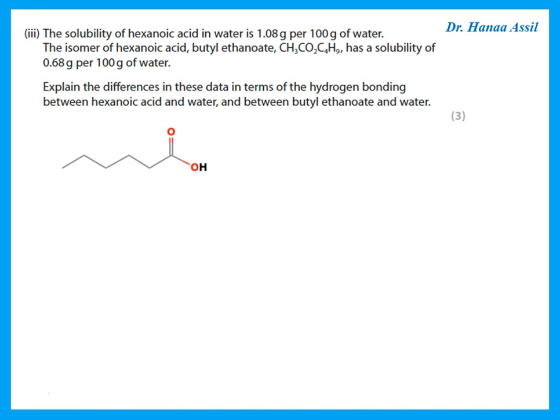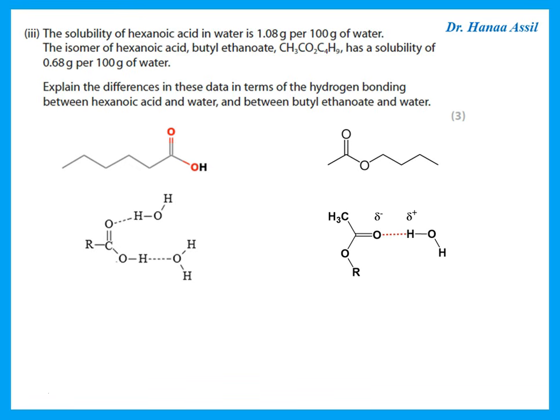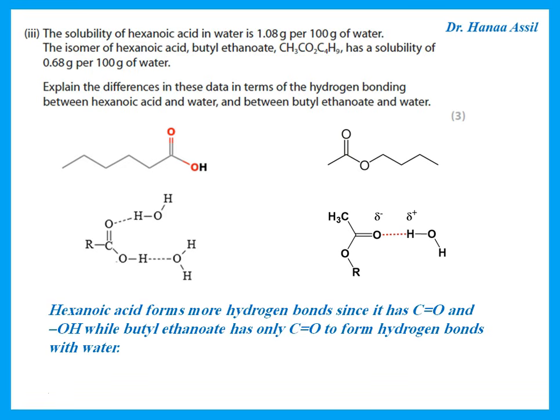What is hexanoic acid? This is hexanoic acid. Now when you dissolve it in water, it will form hydrogen bonds, but you have 2 hydrogen bonds per each molecule. This is what happens for any acid. Any acid will form 2 hydrogen bonds with water per molecule, while the ester has only a C double bond O that will form 1 hydrogen bond per molecule, and that is why the hexanoic acid will dissolve more or has higher solubility.